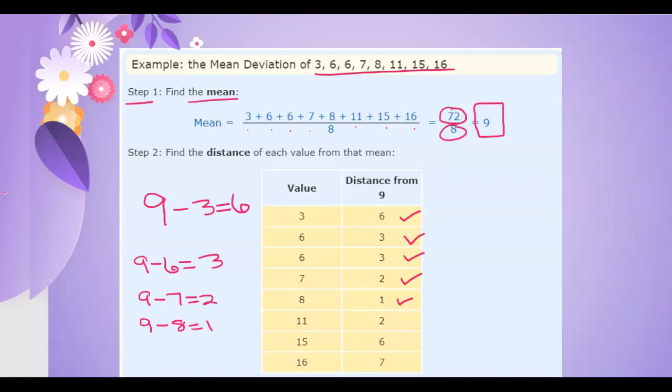Now here's where it gets a little bit confusing. If you have 9 and you subtract 11, you are going to get a negative 2. But remember, when we're talking about distance on a number line, we're talking about how many spaces away from 0 it is.